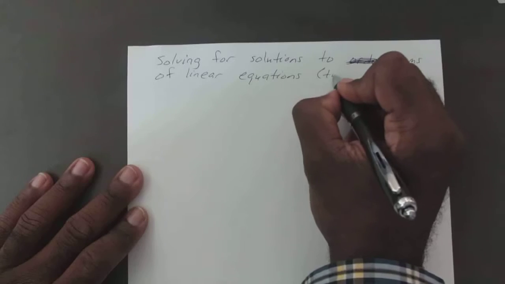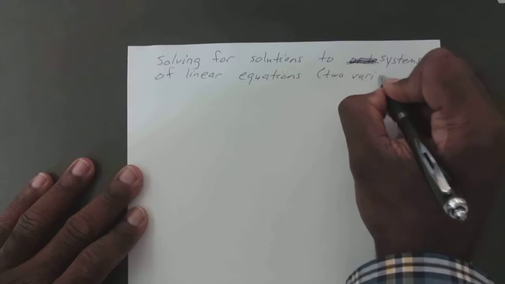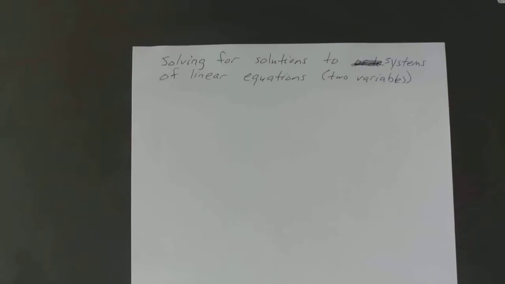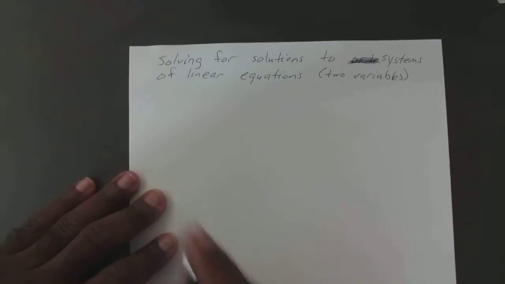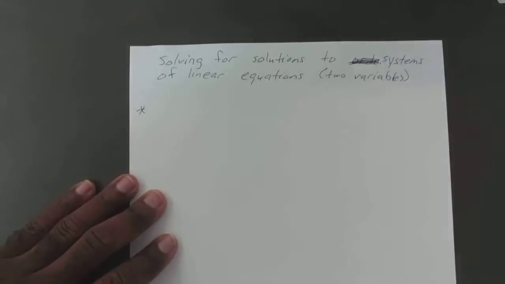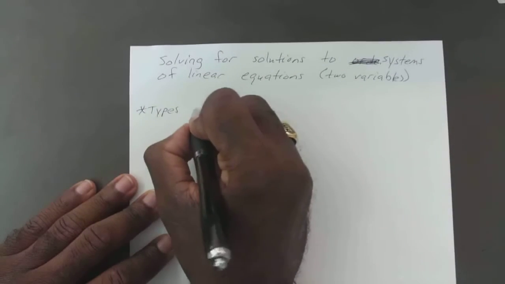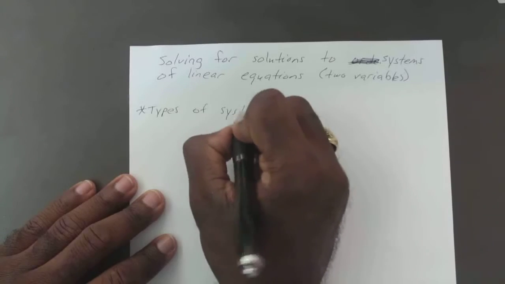And remember, this is just in 2 variables. We actually do go into 3 variables in the next class, but right now we're just going to do 2 variables, x and y. Okay. Now the 3 types of systems.